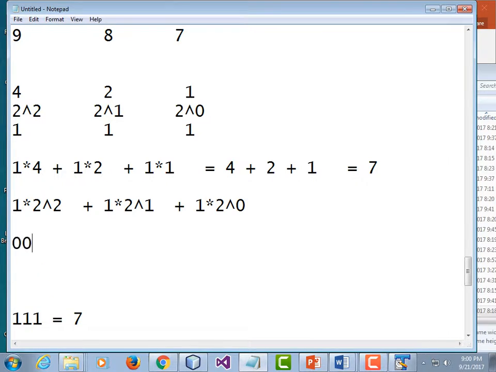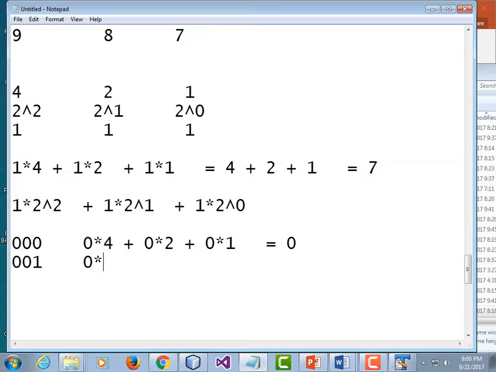So if we start at 0, that's the same thing as 0 times 4 plus 0 times 2 plus 0 times 1. Okay, you add all those up, what do you get? Yeah. So here we don't have any 4s. We don't have any 2s. How many 1s do we have? 1.